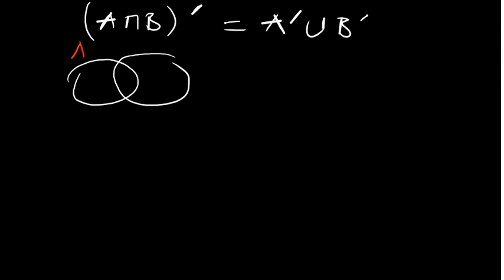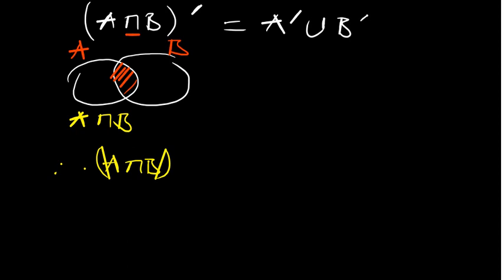Then intersection means that part there. But is that the region that we're interested in? I can show that this is our A intersection B, not so? Therefore, A intersection B complement is going to be the region other than the shaded region on top there. Do we understand that, guys?